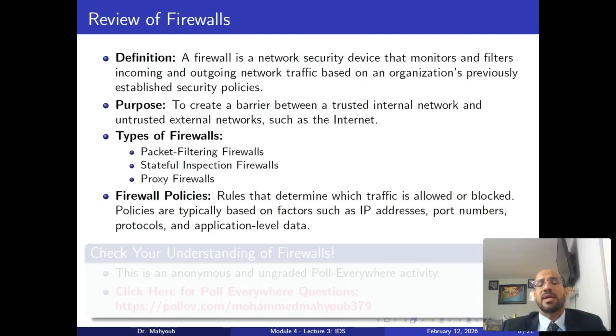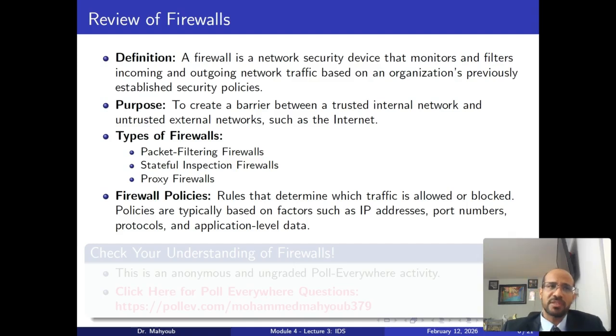As we understood before, a firewall is a network security mechanism that filters incoming and outgoing traffic, right? And that is, in fact, based on predefined rules. It acts as a gatekeeper between trusted and untrusted networks.